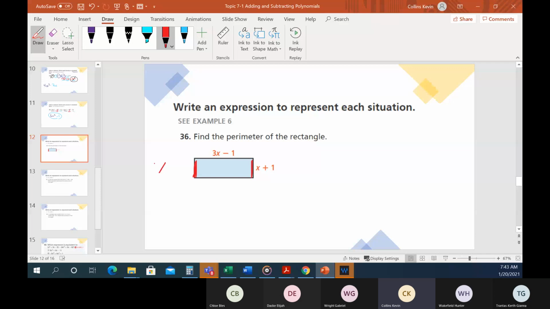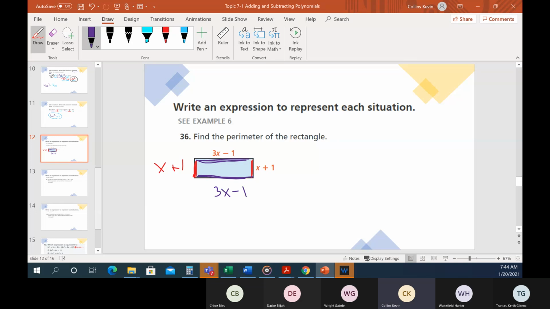So he's also going to be x plus 1. And then when we look at the other one here, from here to here is going to be 3x minus 1. So that means from here to here will also be 3x minus 1.